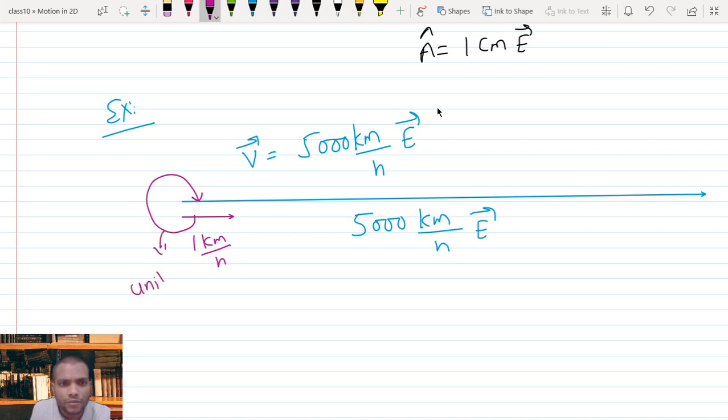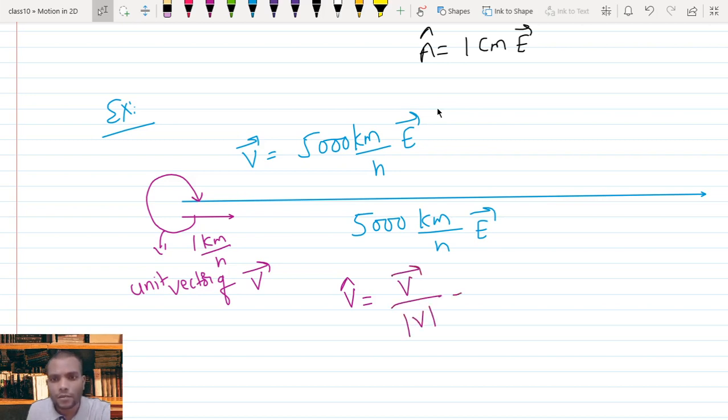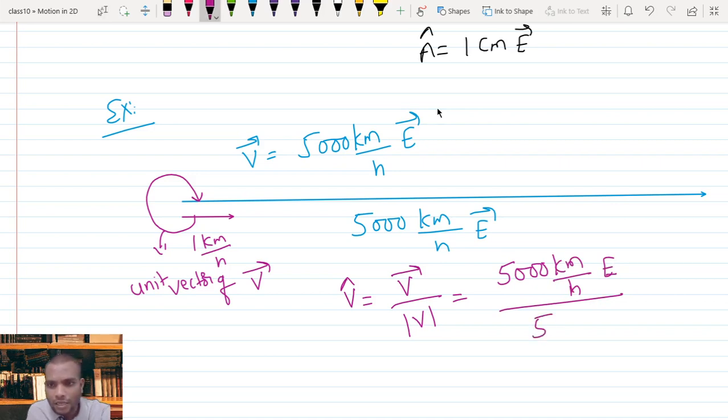So this is the unit vector of V bar. How can we write the unit vector? Unit vector V cap equals the vector divided by its modulus. Here the vector is given as 5000 kilometer per hour towards the east direction, upon the modulus of the vector, which is only 5000. So 5000 gets cancelled, and I get 1 kilometer per hour towards the east direction.